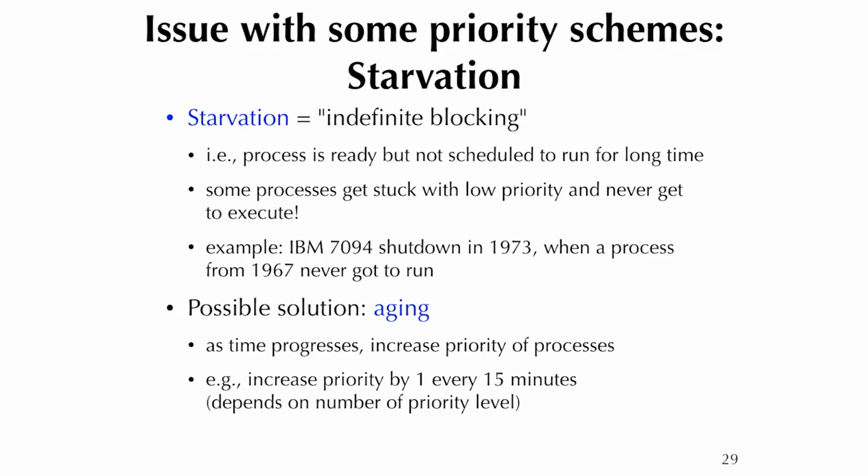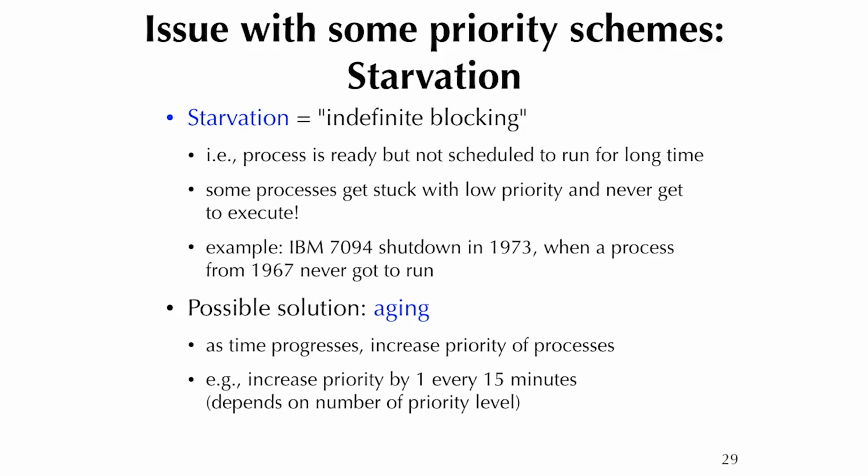And this actually happens for real. At MIT, they had an IBM machine, which was started in the 60s. And by the time they wanted to shut it down in 1973, they found there was a process from 1967 that never got to run. So that's a real long starvation, okay?